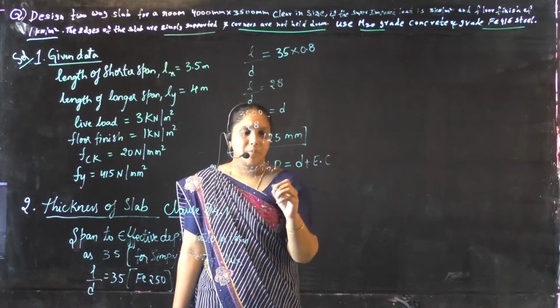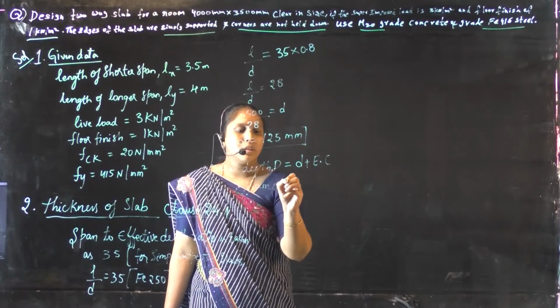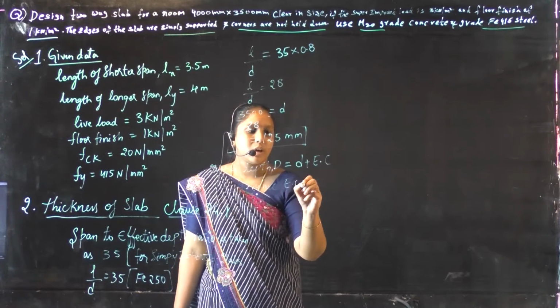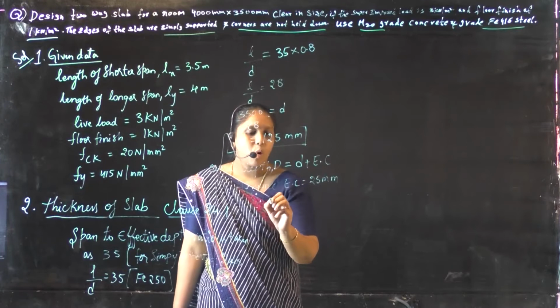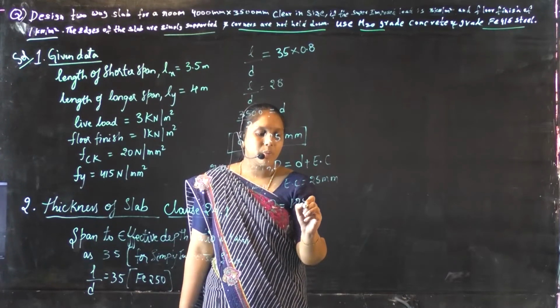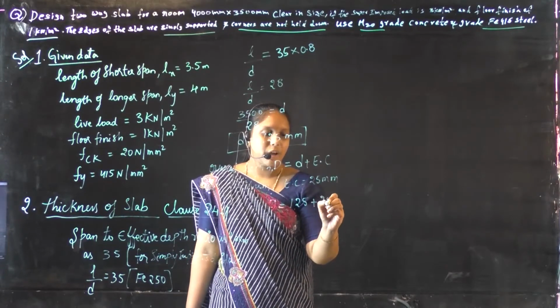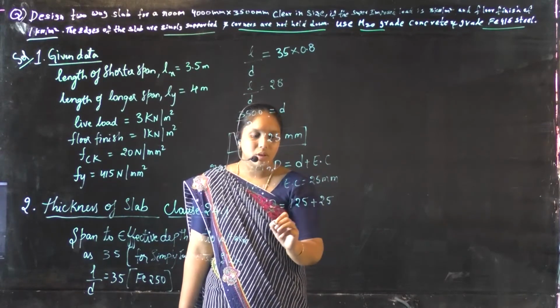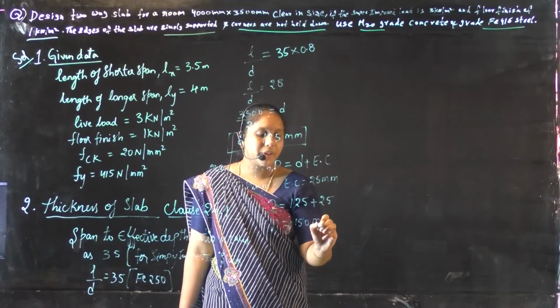So here I am assuming an effective cover of 25 mm. So what will be my overall depth? D is equal to 125 mm, which is nothing but the effective depth, plus 25 mm, which is nothing but the effective cover. So the overall depth is 150 mm.